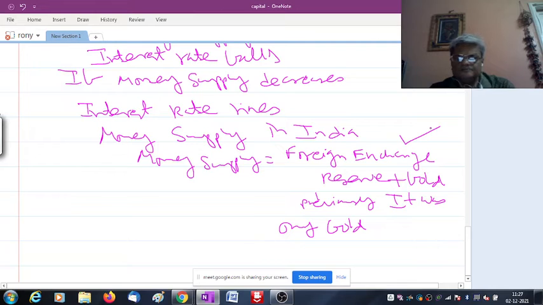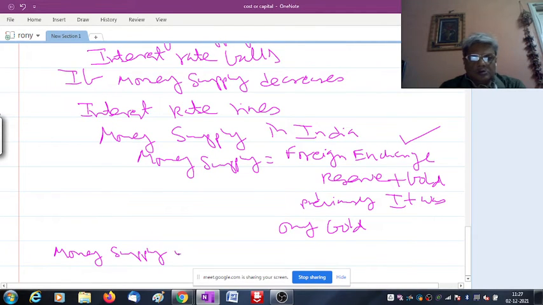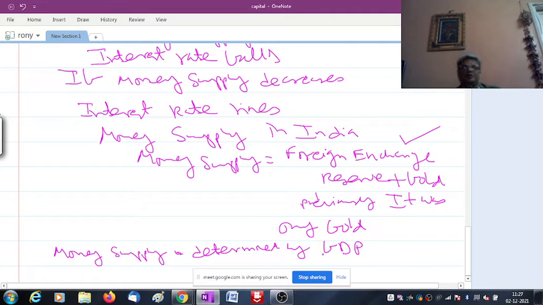Got it? Yes. Now, this money supply is basically determined by GDP, gross domestic product. Depending on the gross domestic product, that is the demand for goods and services, this money supply is determined.